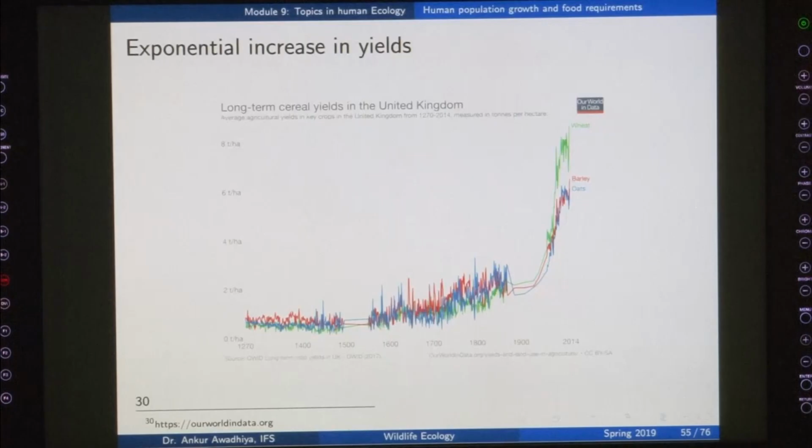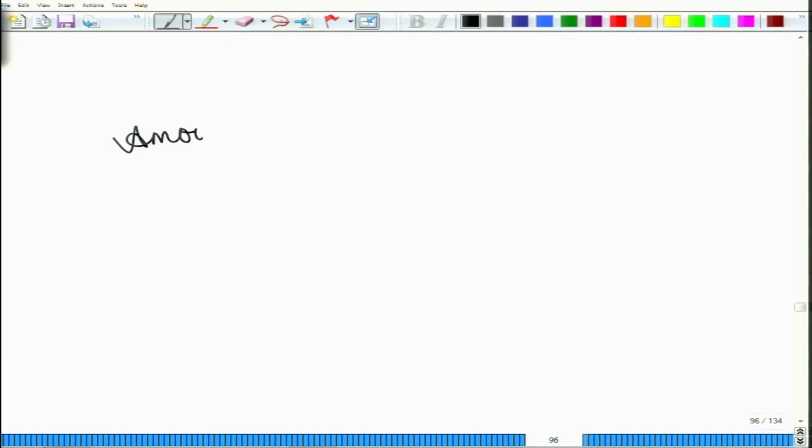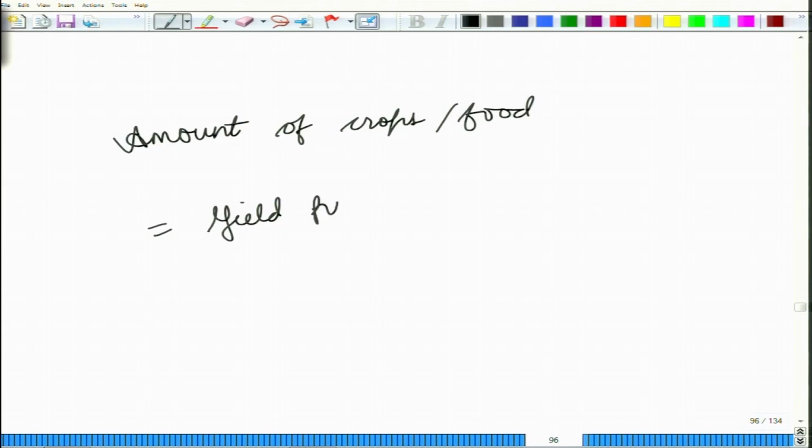Here we are saying that the total amount of agricultural production, so the total amount of crops or the amount of food, can be represented as the yield per acre multiplied by the number of acres, and we see that the yield per acre has been increasing with time.